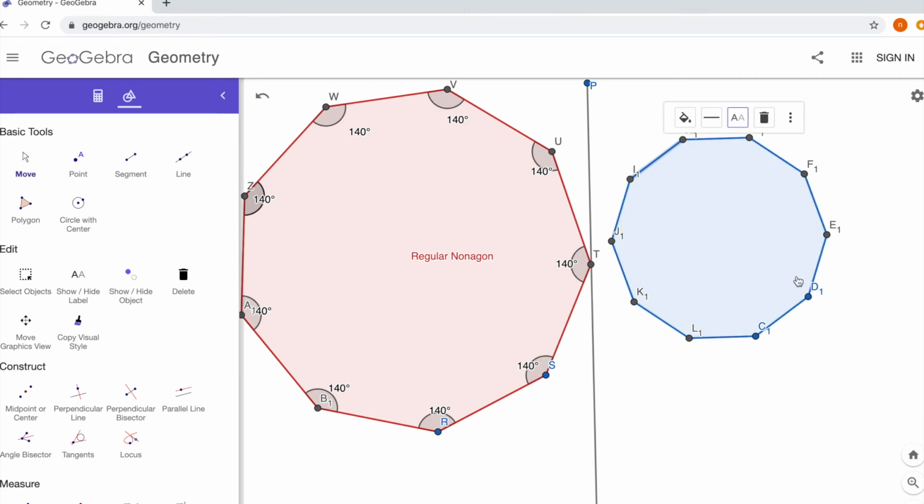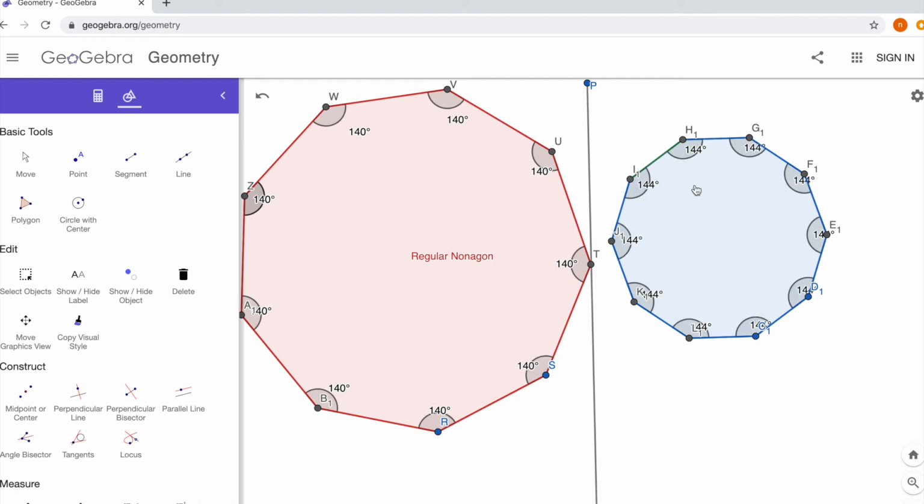As so many sides are there, you can see the total 10 sides are there, and all sides look same. I can change the color of the sides, color of the figure. So here I change the color of the line segment. This is green. So now find out what is the angle.